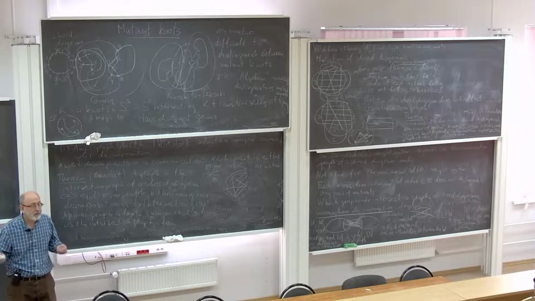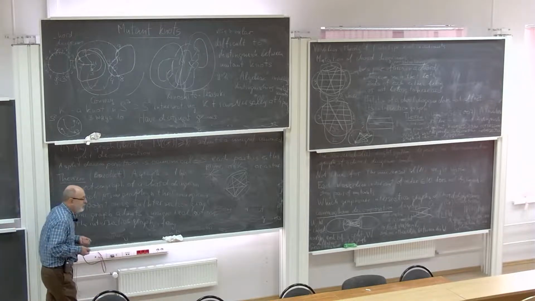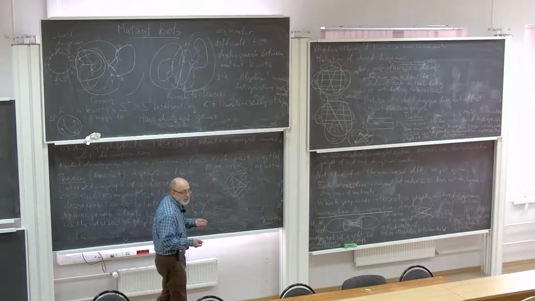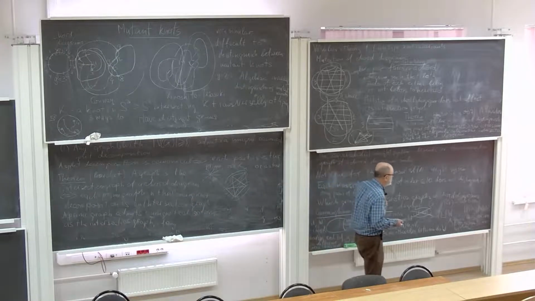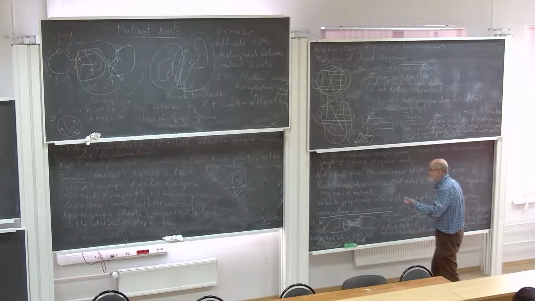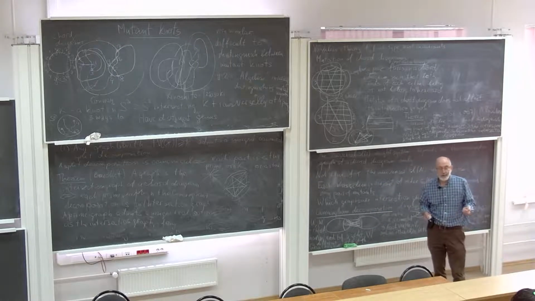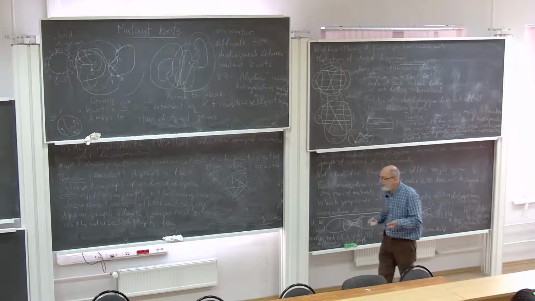So we know that there could not be many chord diagrams providing a prime graph as the intersection graph.